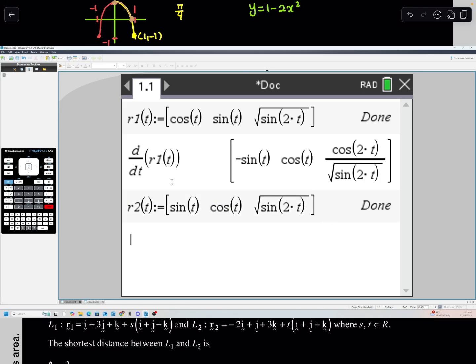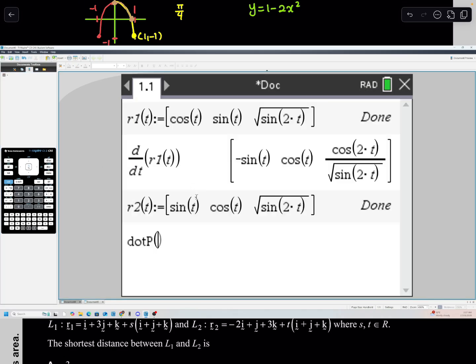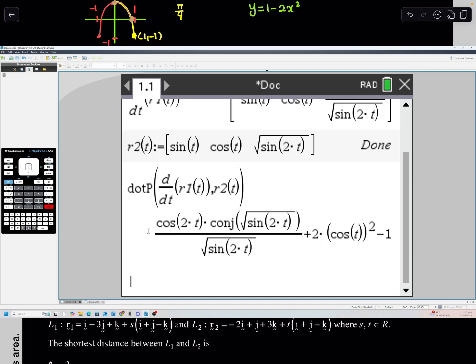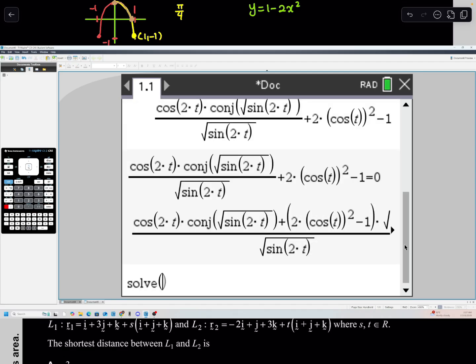And so what I'm finding is the vector dot product of this, dot r2 of t position. And so we get this, and of course we want this to be equal to 0. And we can solve, comma t, where t is between 0 and pi over 2.